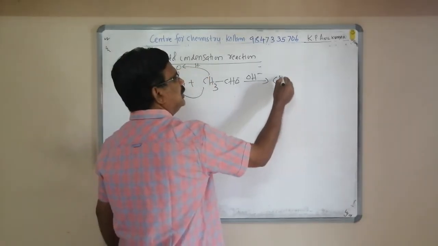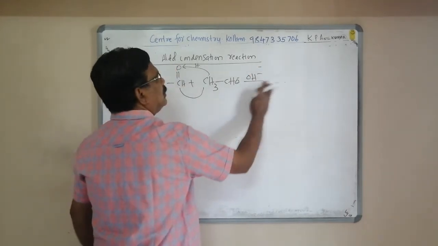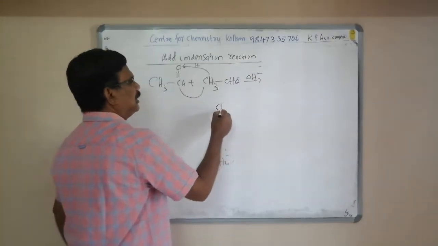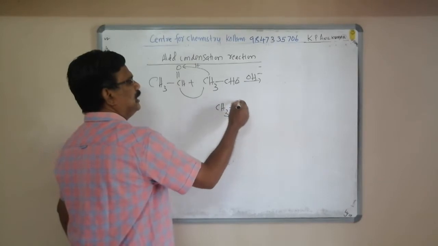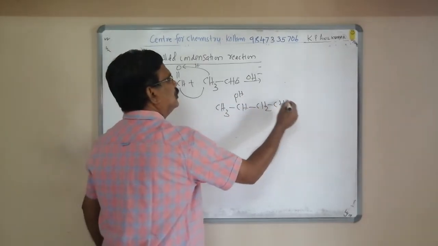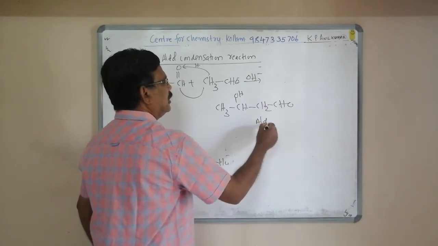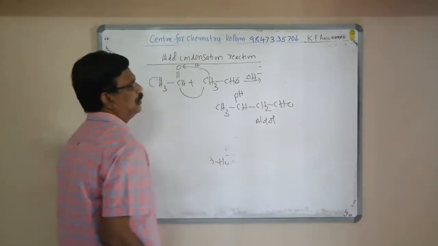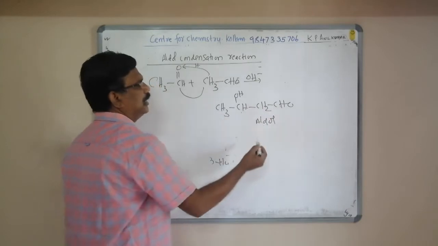So the answer is CH3-CHOH-CH2-CHO, an aldehyde and an alcohol, that is aldol, a beta-hydroxy aldehyde.